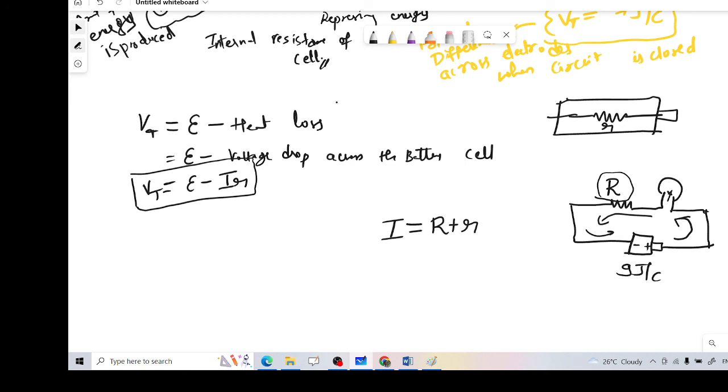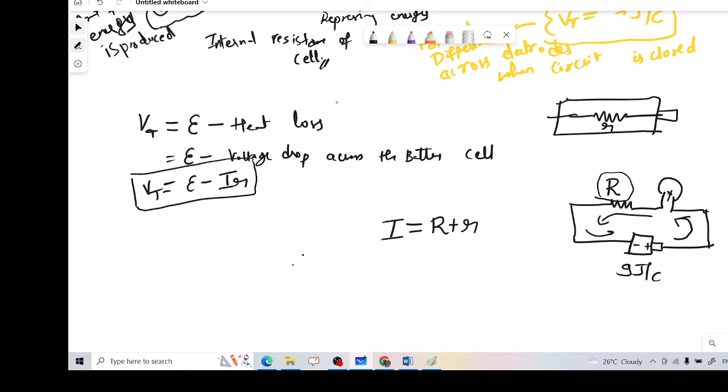So I equals E by R plus r, where capital R is the external resistance that we connected, and small r is the internal resistance.